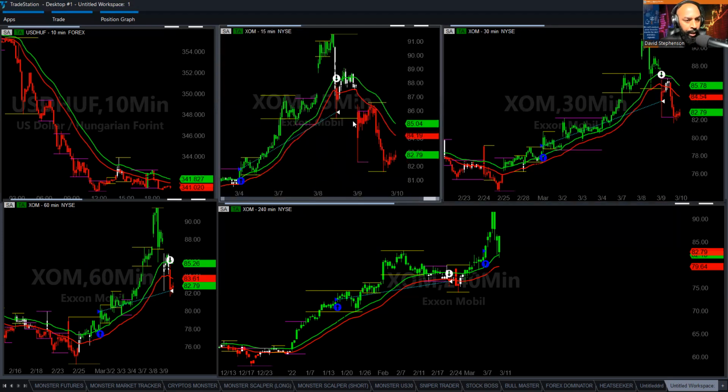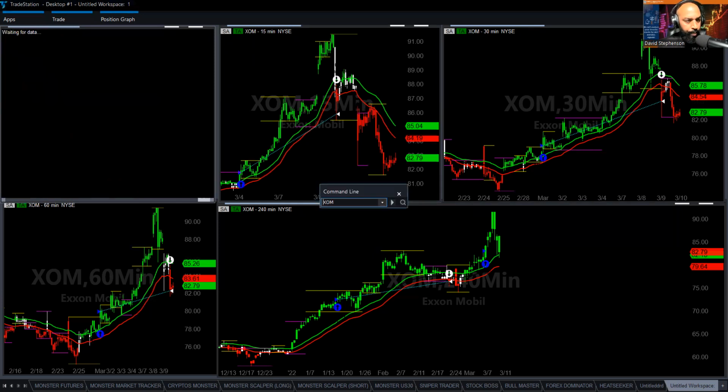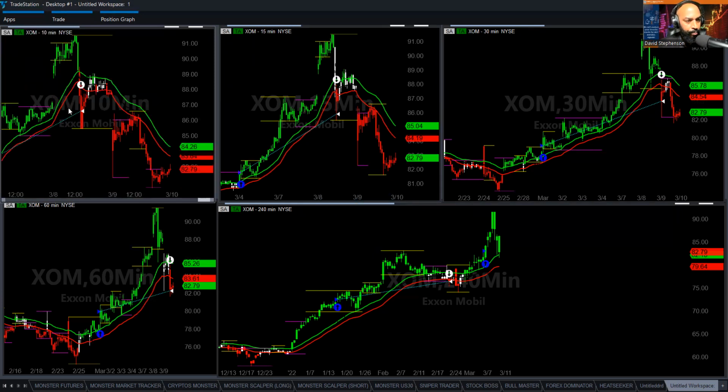Sell signal up here, price is all the way down here on the 15-minute. Same thing here. I'm not too concerned about the sell in here, but the sell signal on the 30-minute, that sell signal here on the 60-minute, and it's back below this resistance.